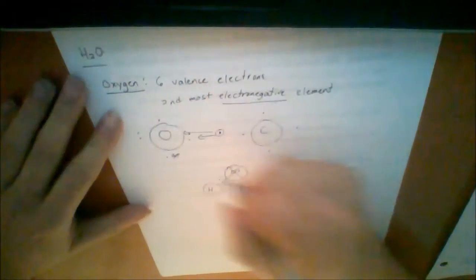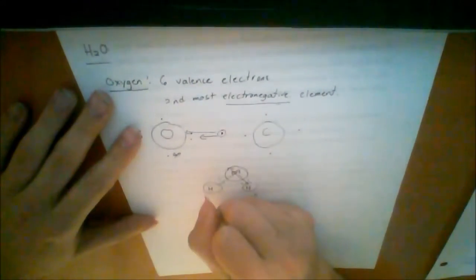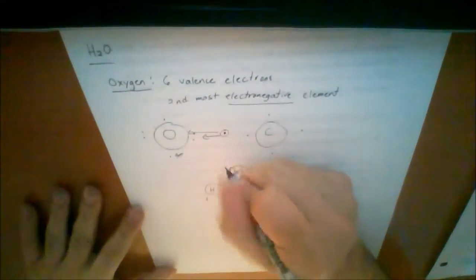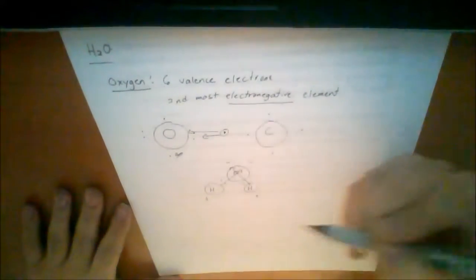The hydrogen practically loses an electron, so it becomes slightly positive, and the oxygen kind of gains an electron, but it doesn't, because they're still sharing, but the sharing is so uneven that it has a charge.